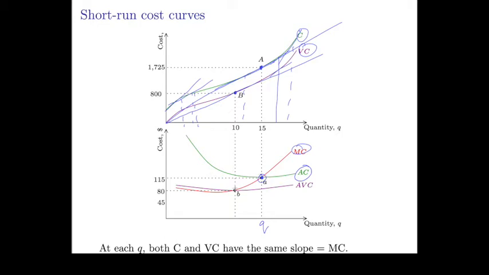Similarly, when average variable cost is at its minimum, the marginal cost is going to be equal to the average variable cost. In other words, when we plot the marginal cost curve, it passes through the average cost curve and the average variable cost curve at their bottoms.